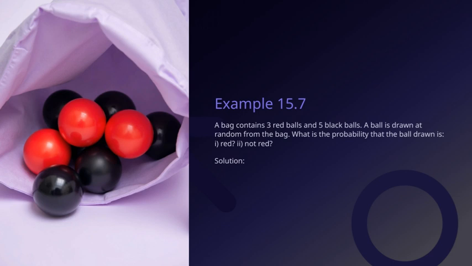Since the only other color is black, and there are 5 black balls, the probability of not red is 5 divided by 8. This example highlights how we can calculate probabilities based on simple ratios of favorable outcomes to total outcomes. It also ties into our overall theme of understanding how chance works in everyday situations. Remember, these basic probability concepts are foundational for more complex problems down the line.